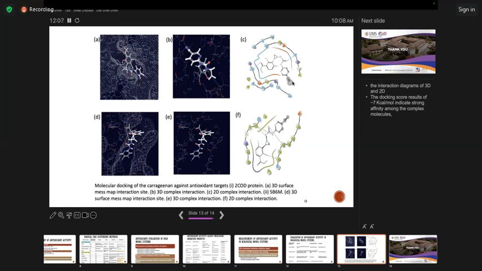So you can see the target. D will focus on the 3D surface map interaction sites, and E is the complex interactions between the carrageenans and antioxidant activity. And the last one is the 2D complex interaction. These are some of the examples.